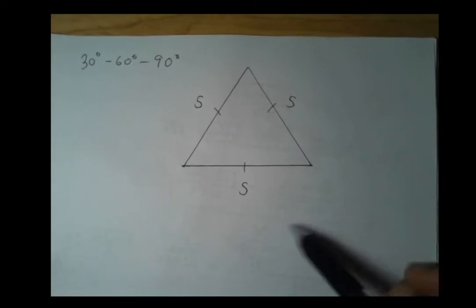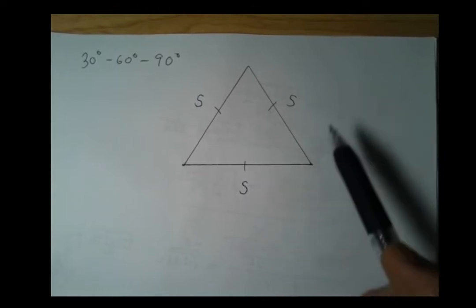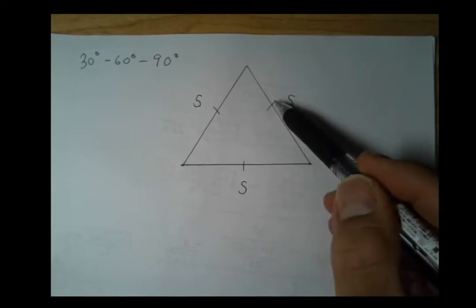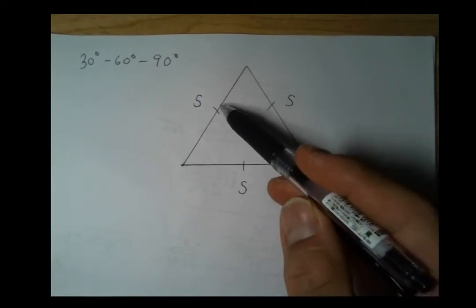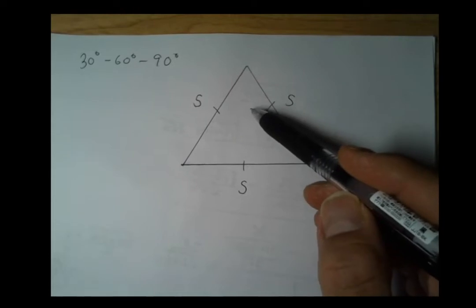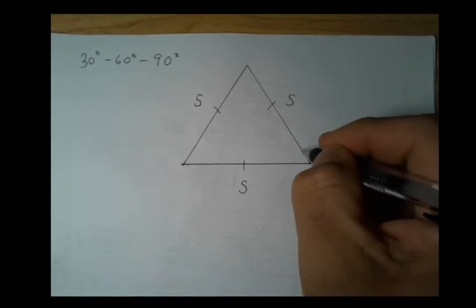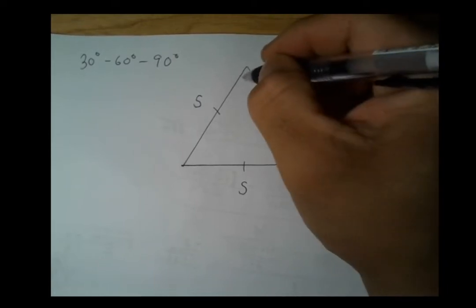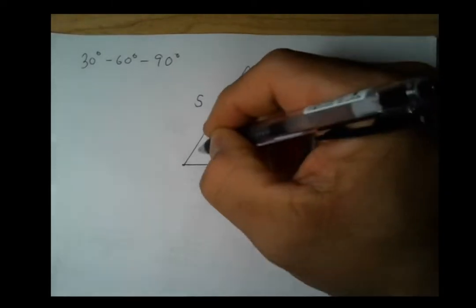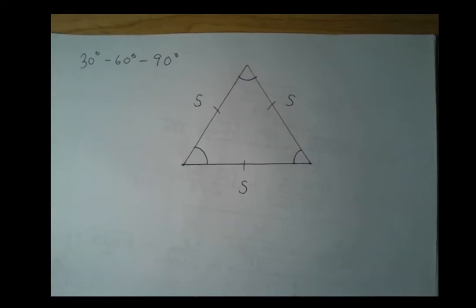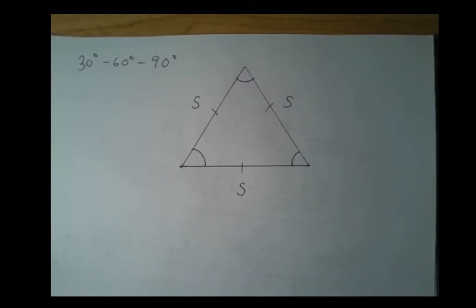Equilateral meaning all the sides are the same. Now, a couple of properties from geometry: if all the sides are congruent, the angles opposite have to be the same as well. So in this case, if all three sides are the same length, then all three angles must be of the same measure as well.